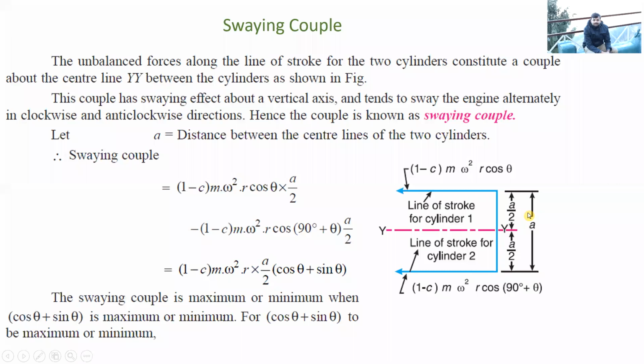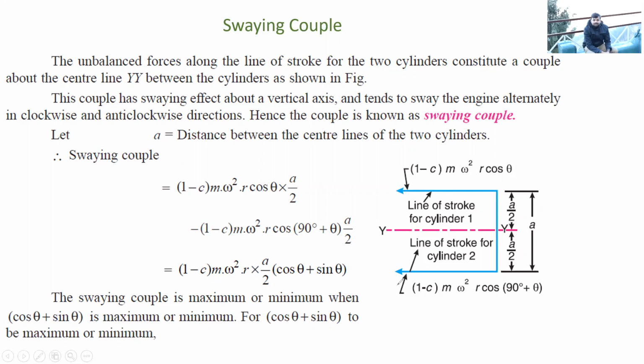All right, and this a can be equally divided into a by 2 and a by 2 from a common point, that is this y axis. So these are unbalanced forces, and we will take their moment about this axis y.